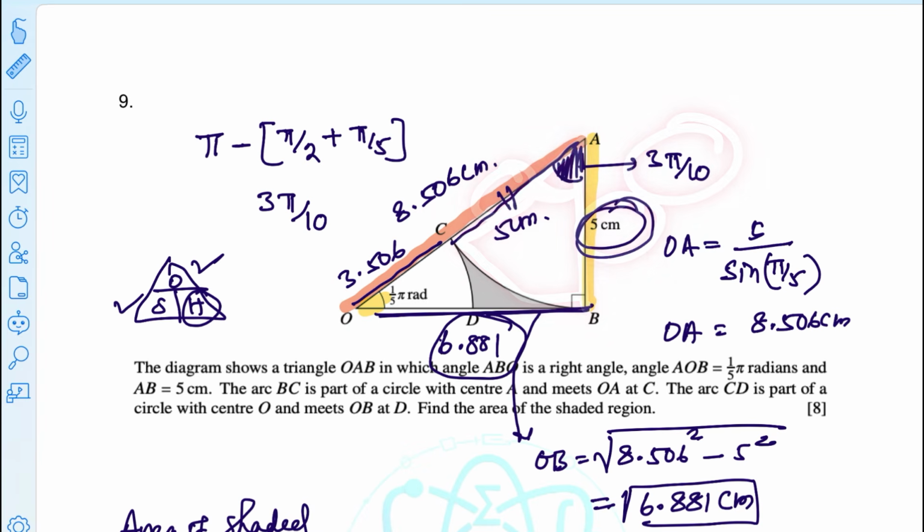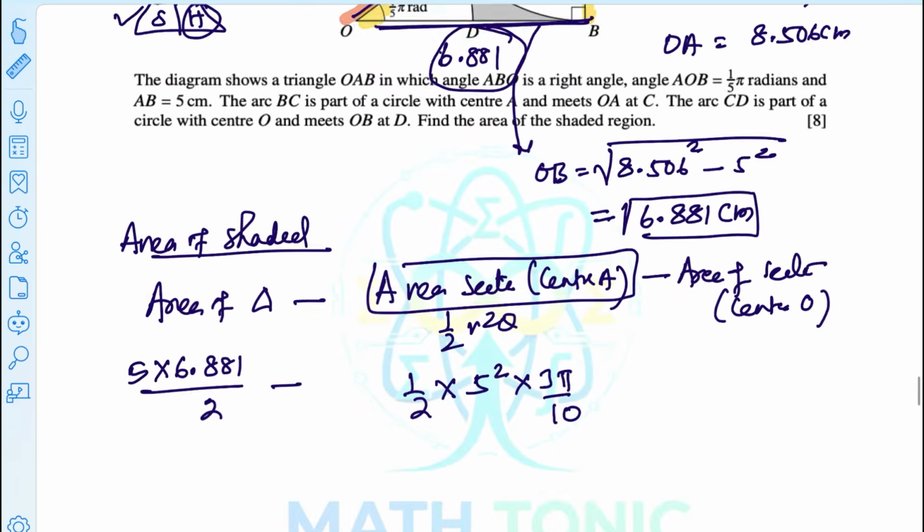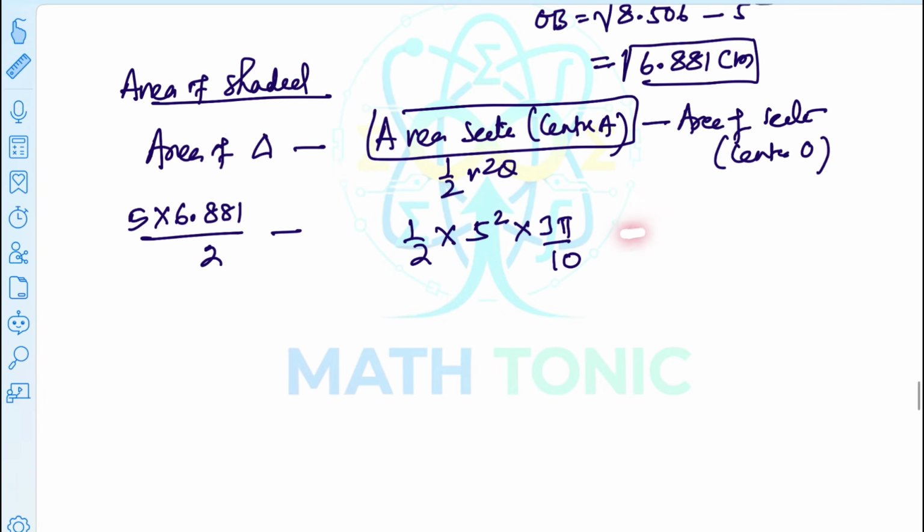So this area will be half r squared theta, and for this also the same formula. Here r is given 3.506 and theta is given 1.5 radians. Let me do this. So half minus half r squared means 3.506 squared times pi over 5. Is it okay?